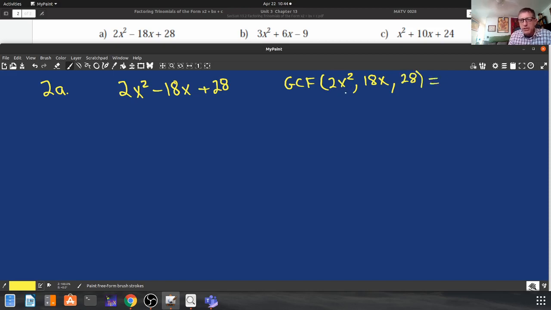But the GCF is then just the GCF of the constant terms, 2, 18 and 28. And we know the GCF is greater than or equal to 1 and less than or equal to the smallest of the terms. And it's always equal to the smallest of the terms if it evenly divides all of the others. And 2 evenly divides 18, and 2 evenly divides 28, so it's equal to 2. So we're going to factor out 2.